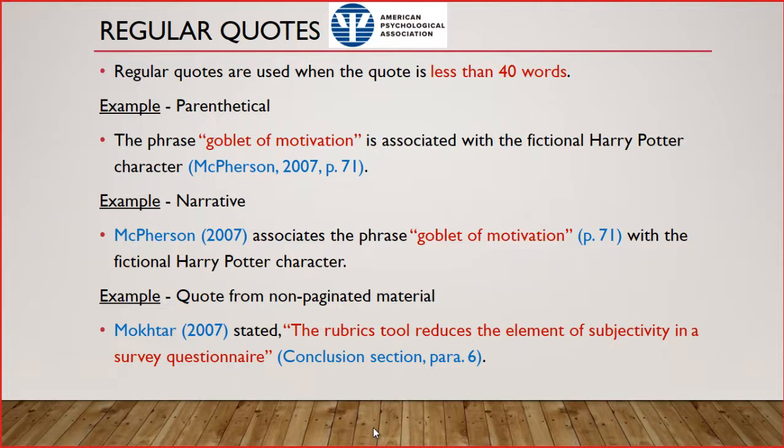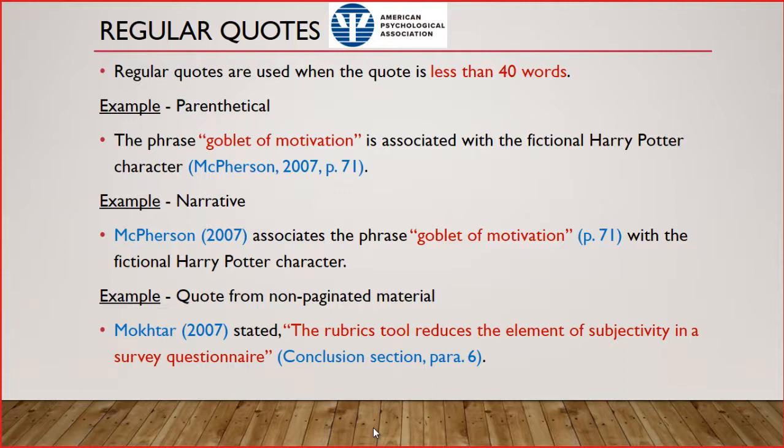para. 6. So basically if there is no page, you try to put in what section, if there is a section. What is the name of the section, comma, what is the paragraph in the section, because normally in a section there will be many paragraphs. So what is the number of the paragraph?